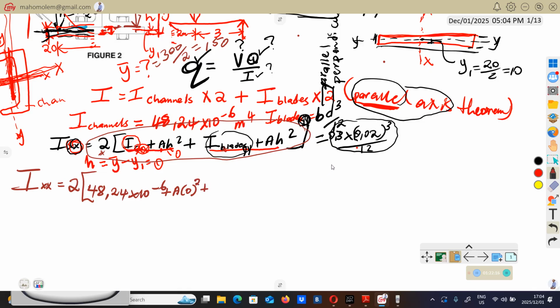Plus I is this one here. So it's going to be 0.3 multiplied by 0.02 cubed over 12 plus A. The area for this one is going to be 300 multiplied by 20, multiplied by H. H I said is 140.